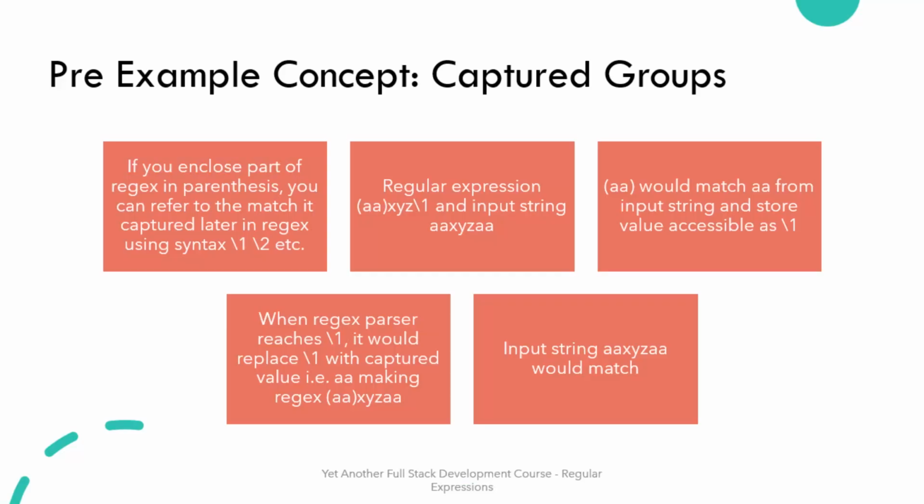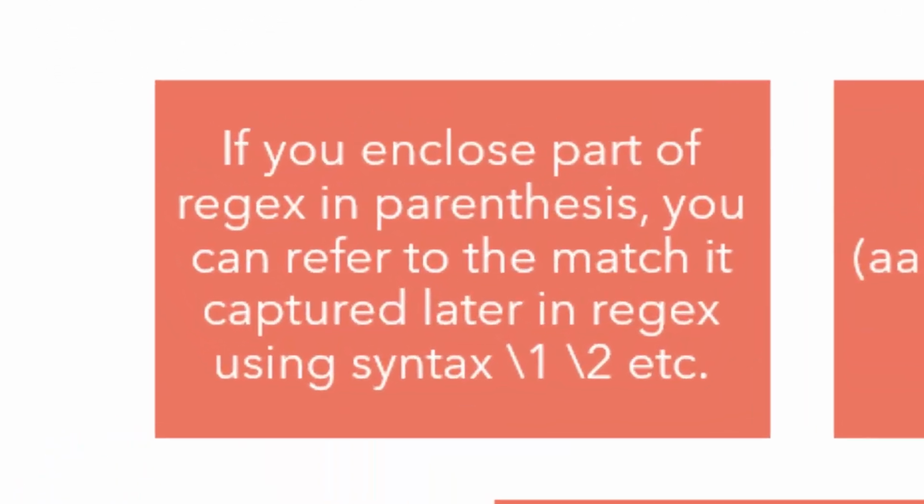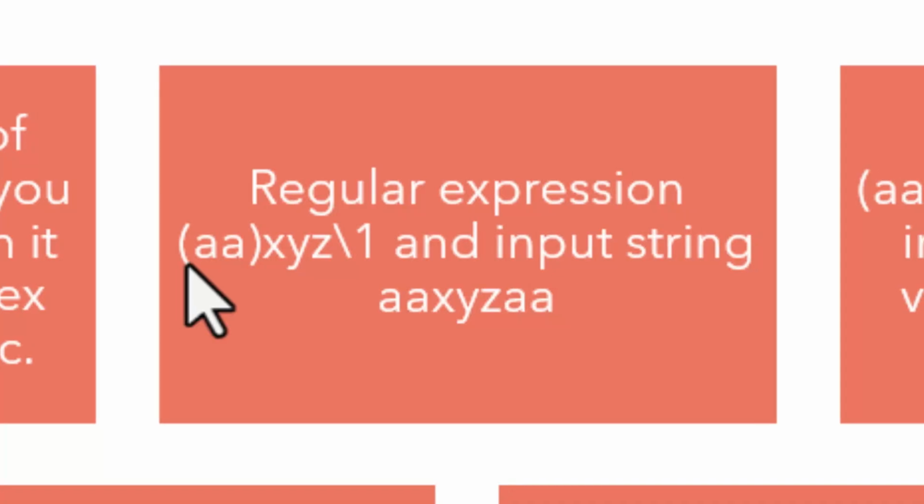To explain the example, I have to look ahead and explain a concept called captured groups to you, which will come later in the regular expression video series, but short version is if you enclose a part of regex in parentheses, you can refer to the matched substring it captured using \1, \2 later in the regular expression itself. As an example, consider regular expression (AA)XYZ\1 and input string AAXYZAA.